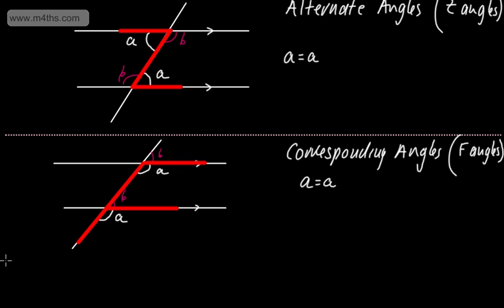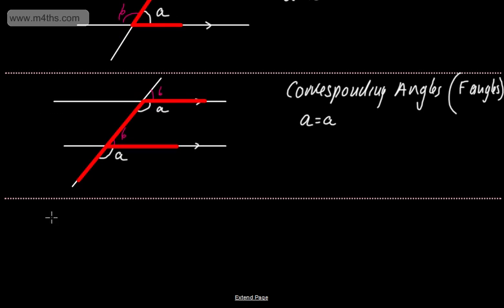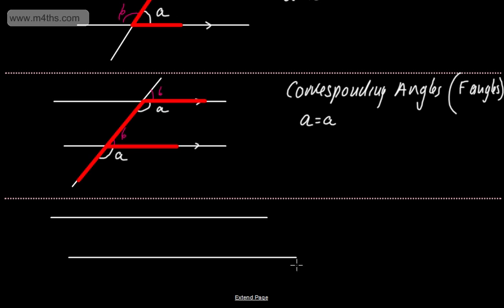Let's now look at co-interior angles, or C angles. Again, with my transversal, what we're going to have are two parallel lines. Here's my transversal, and I'm going to put on the arrows denoting that these are parallel lines. I'm going to have this one and this one.